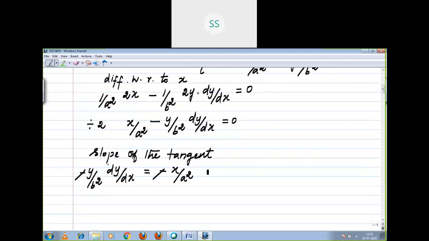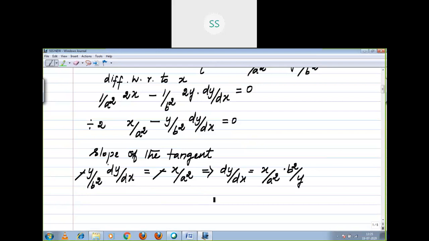Now which implies dy by dx equal to x by a square into, because I am going to write this term as a reciprocal. When you shift this term to this side, it will act as a division. If you write it in the reciprocal, it is easy for you. Write x into b square by y, right?